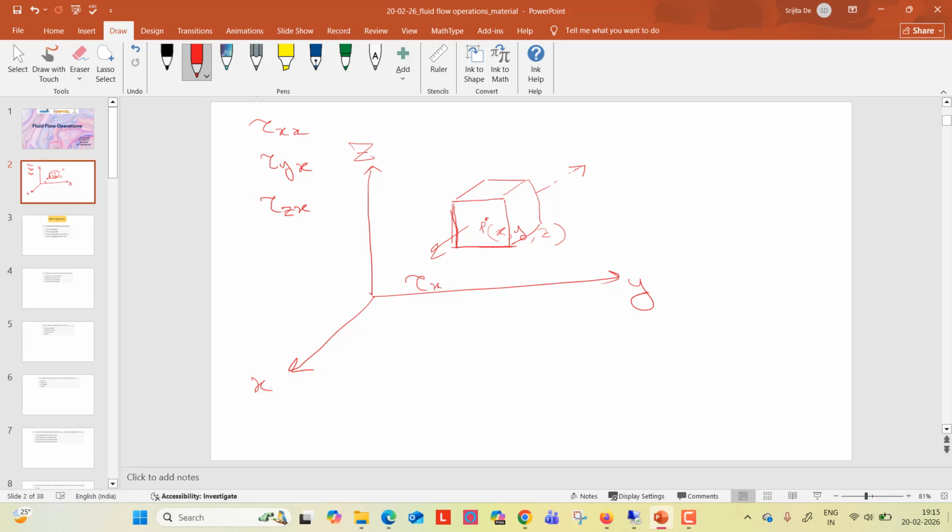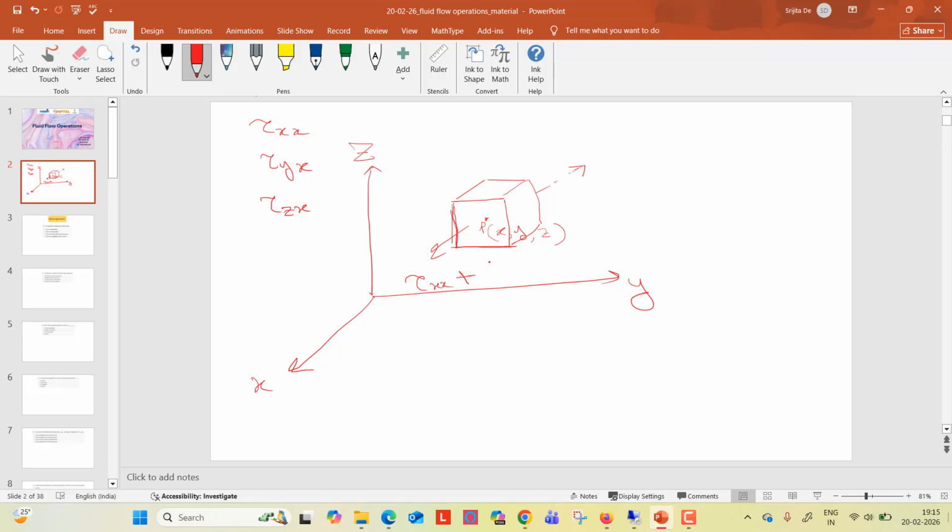So here it will be tau xx plus, as we are considering, suppose from the differential point, from the middle point, we are considering this half and that half, so the distance is dx by 2.